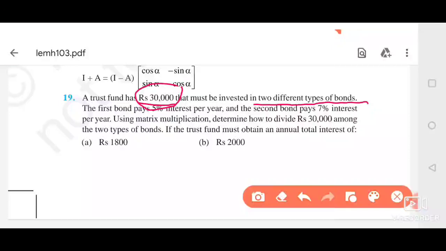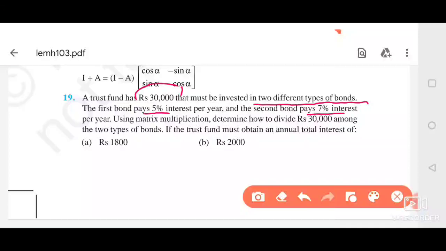And how many rupees are invested in which bond is not defined here. Now in the next line it is written that the first bond pays 5% interest per year and the second bond pays 7% interest per year.